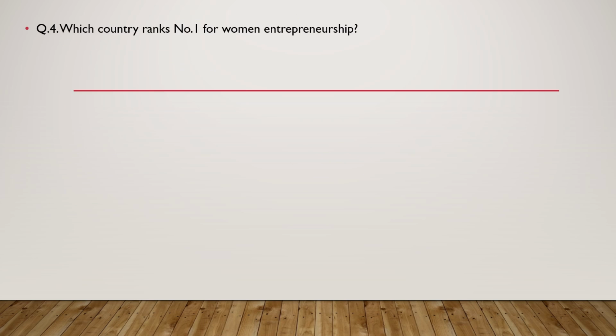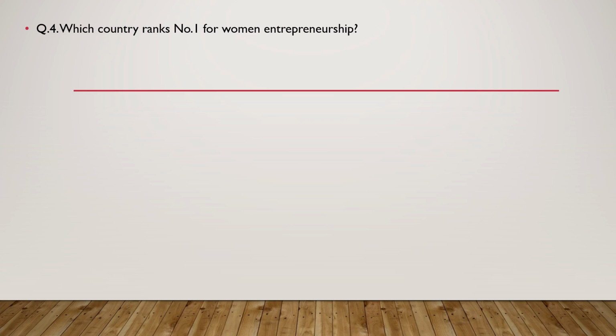So the next question is, which country ranks number one for women entrepreneurship? So this is also one of the important parts, and as you know, in the MCQ pattern they will have some questions at an easy level, some at a moderate level, and some at a difficult level.